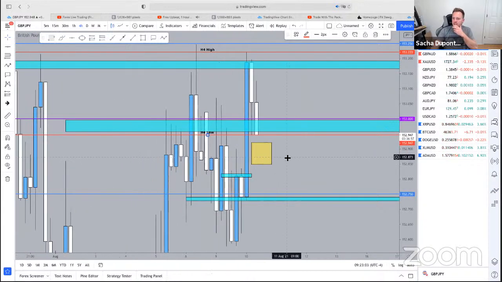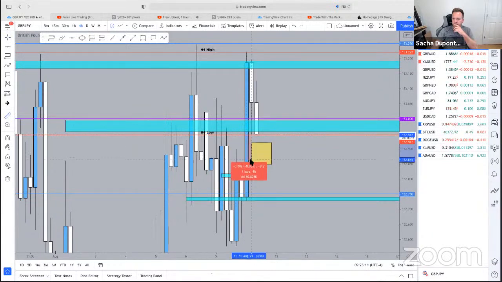There we go. So now this thing should continue down. Can be a quick counter trend trade, you know, right to the golden zone. Not going to be taking it.